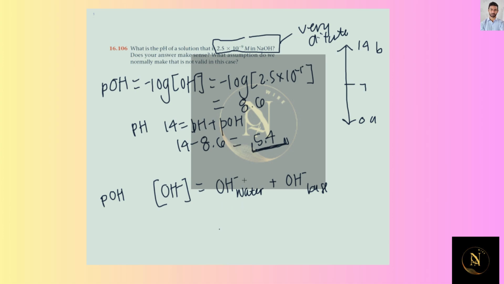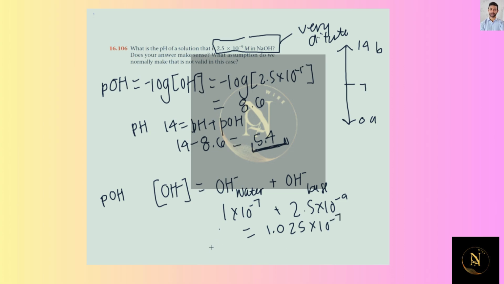Our OH minus from the water is just going to be 1 times 10 to the negative 7. And then our OH concentration from the base is what we are given. When we add those two up, we get 1.025 times 10 to the negative 7.